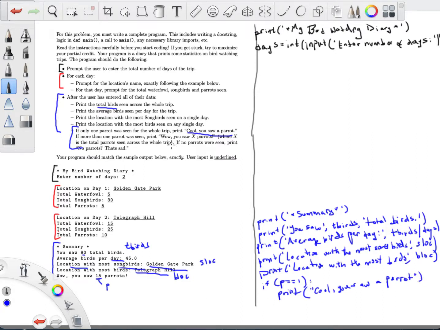This, where I only want one of these three messages to occur. Oh, wait. Oh, it's just two messages. Oh no, it's three. Yeah, no parrots. That's sad. I can say like elif p equals 0, print no parrots.